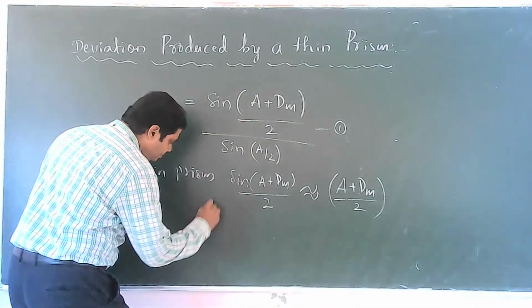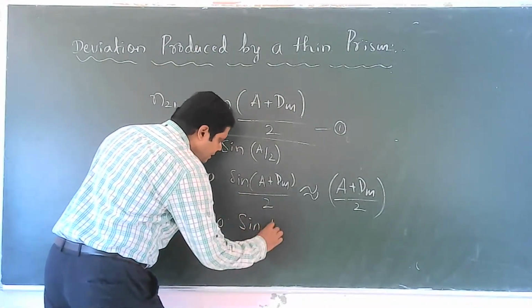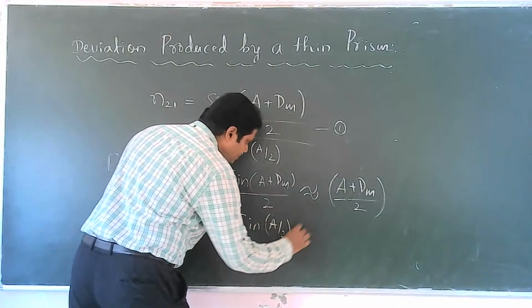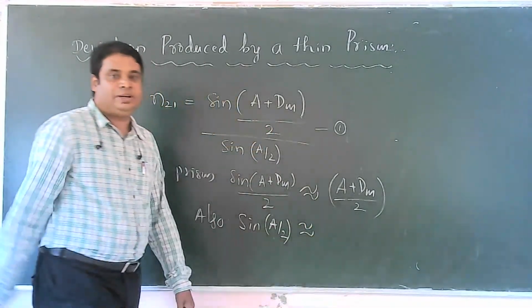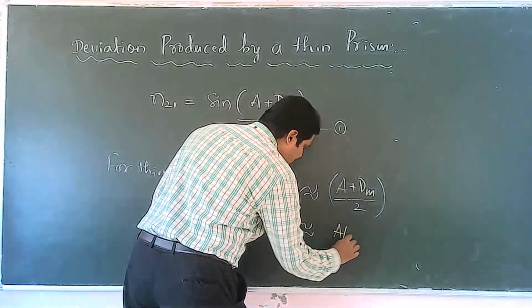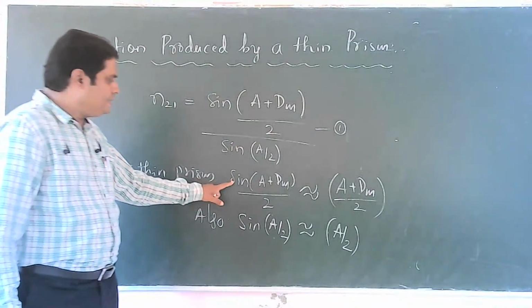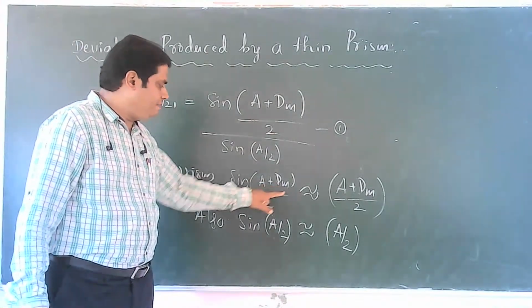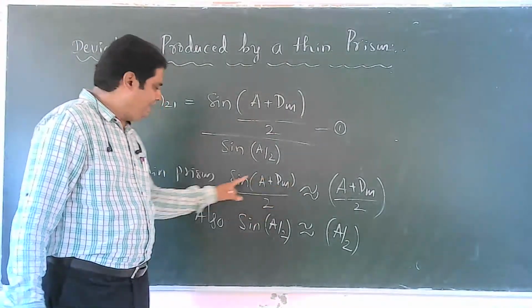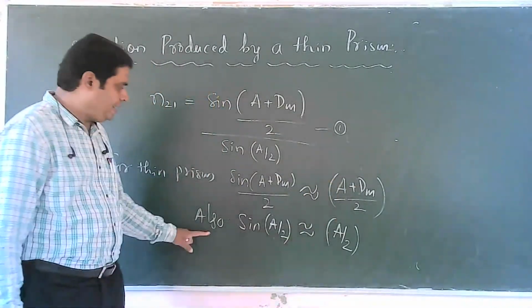Also, sin A by 2 is almost equal to A by 2 only. Sin of (A plus dm) by 2, neglecting the sine, gives A plus dm by 2.